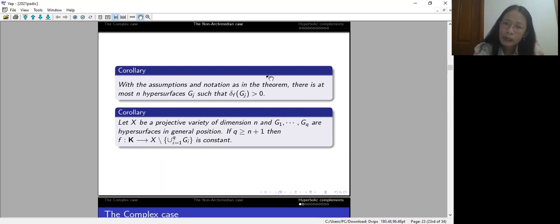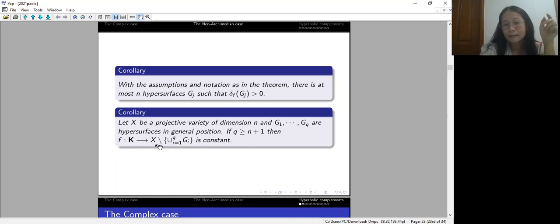Then by this result, we can say that if we take more than n plus 1 hypersurfaces in general position, then any f from K into X omitting more than n plus 1 hypersurfaces has to be constant.